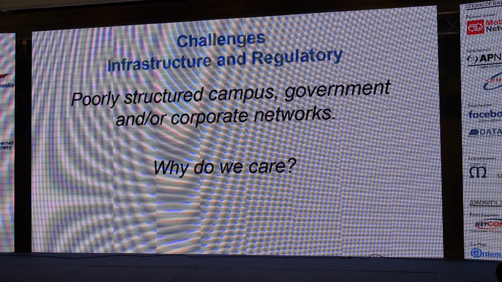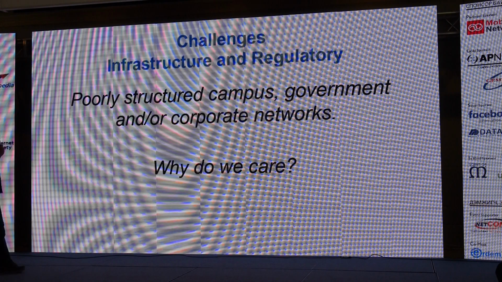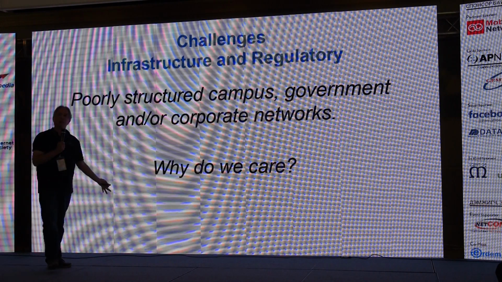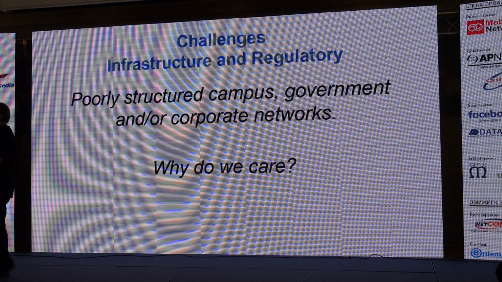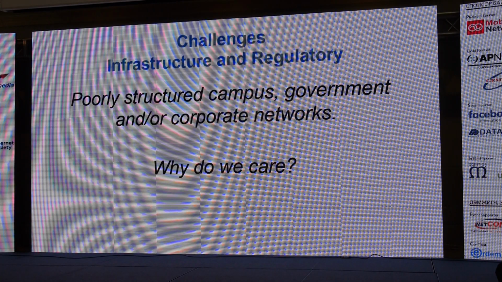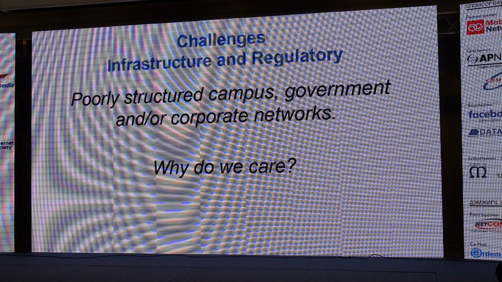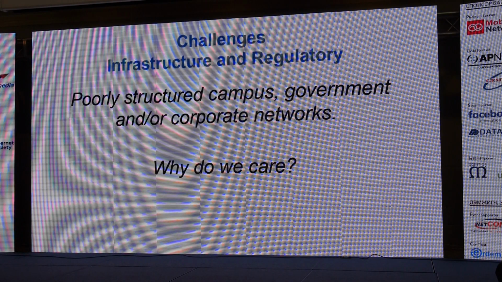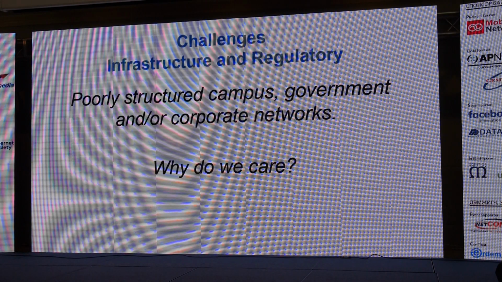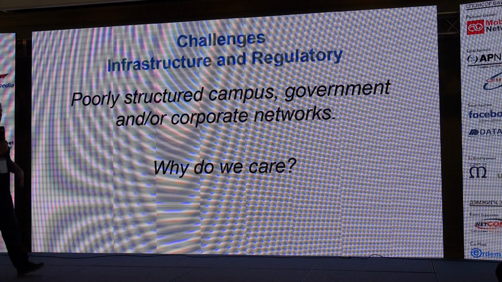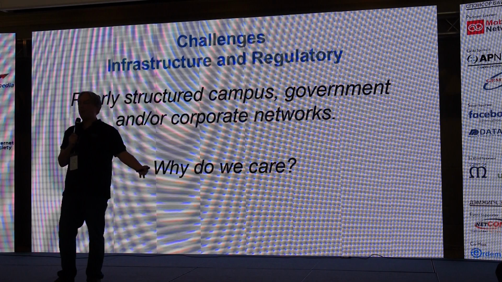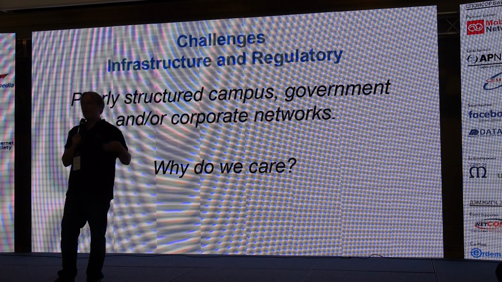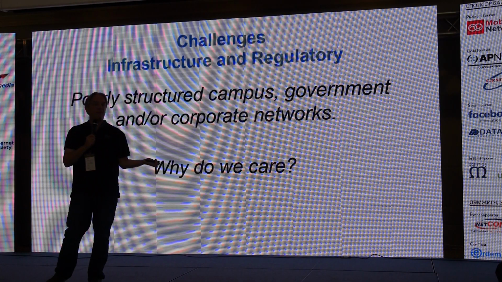Okay, another big issue that we run into is, so you finally build your network, it's finally being delivered to your campuses or your educational institutions, but it turns out those networks actually aren't very well built, and that's often because they've never had good connectivity. So we see this a lot where you go to a university, and suddenly they've gone from their 50 or 100 megabit connection to a gig, or maybe even faster.